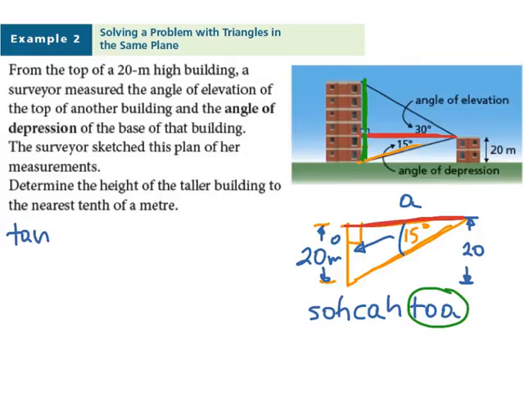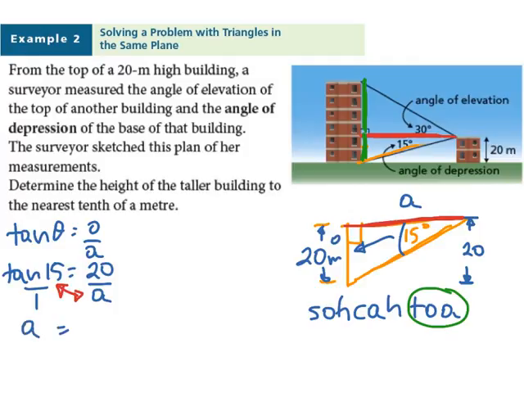Tan of an unknown angle is opposite over adjacent. It's always good to write the formula. Tan of 15, now we plug it in, is opposite, which is 20, over the adjacent side, which is A. Now we can interchange tan 15 with A and cross multiply, to get A over 1 is 20 over tan 15.